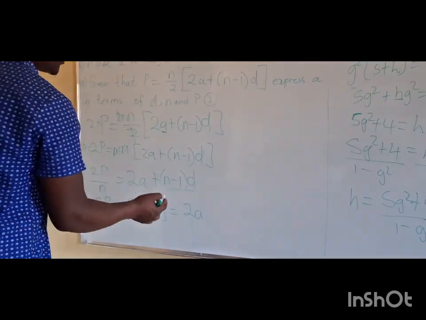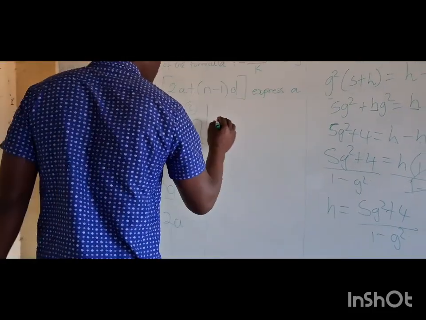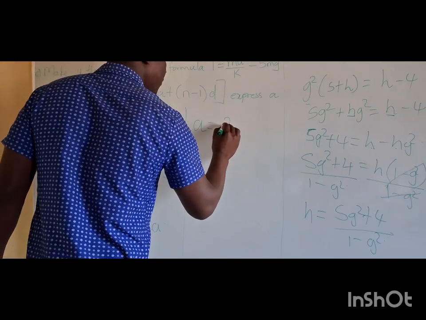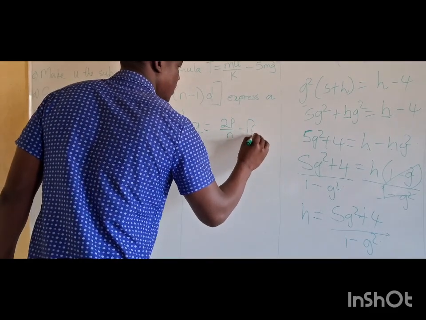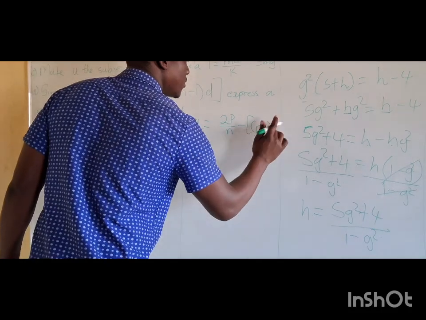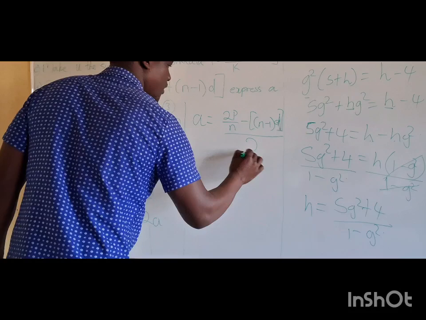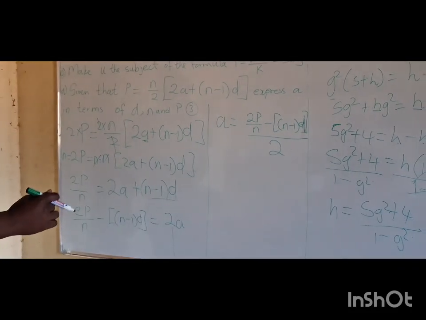So in order to make a the subject there, you divide both sides by 2. So you are left with a is equal to 2p over n minus n minus 1 d, all over 2. Now a is the subject there. Thank you.